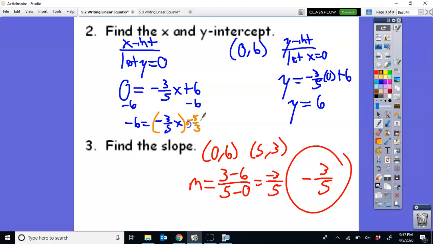If you multiply by negative 5/3 on both sides, you'll get it to cancel out, and it will end up being positive 10 as your x value, so (10, 0) would be your x-intercept.